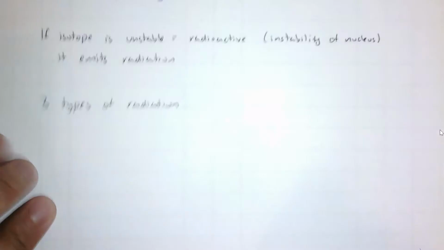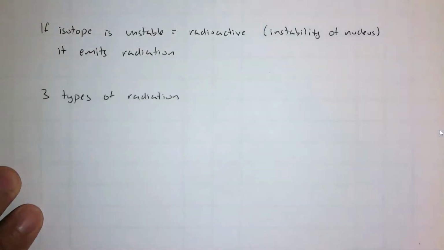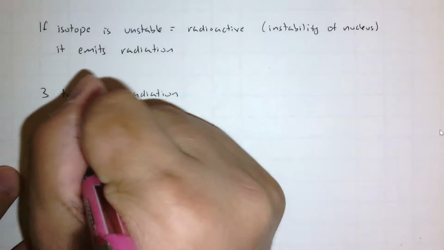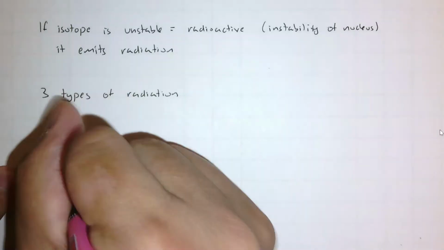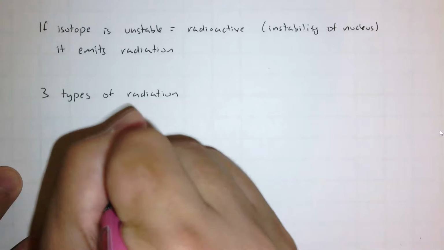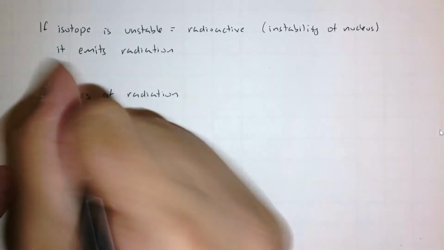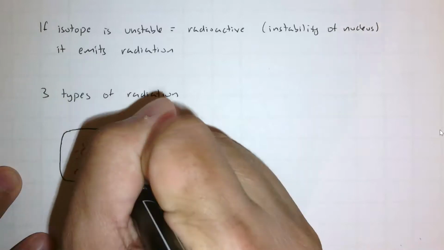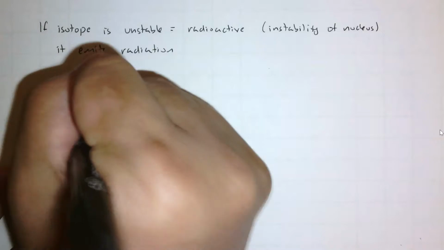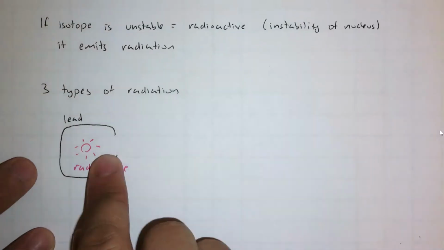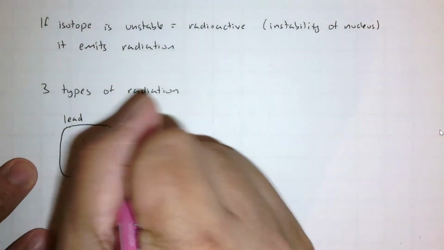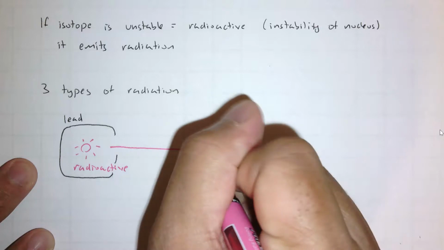Now, the 3 types of radiation can be characterized by how they act in an electric field. So, for instance, if you have something radioactive in a lead box, the lead box can deflect radiation, but we'll have a little hole here, and it starts to emit radiation this way.